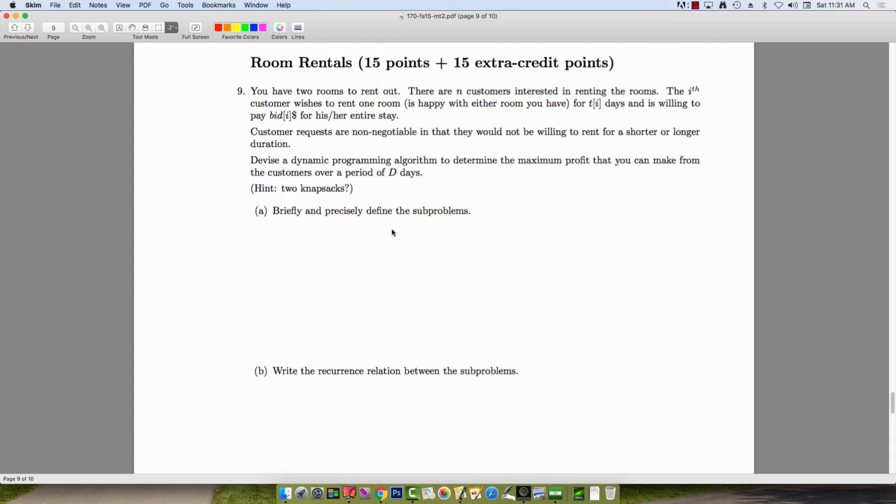Okay, so we're probably going to have to keep the rooms separate. That's essentially what I've learned from this exercise. So if I keep the rooms separate, and I know that I should probably use 2 knapsacks, maybe I'll actually just do 2 knapsacks. I'll keep the rooms separate and just have 2 recurrence relations. And that sounds like a good idea too, right?